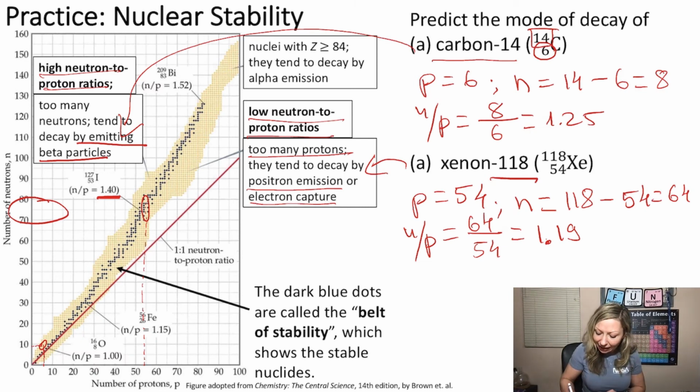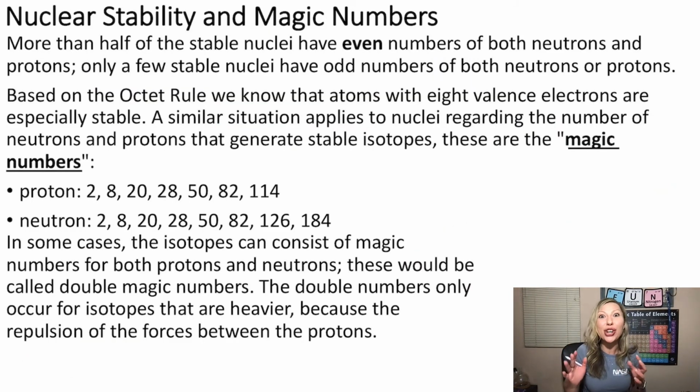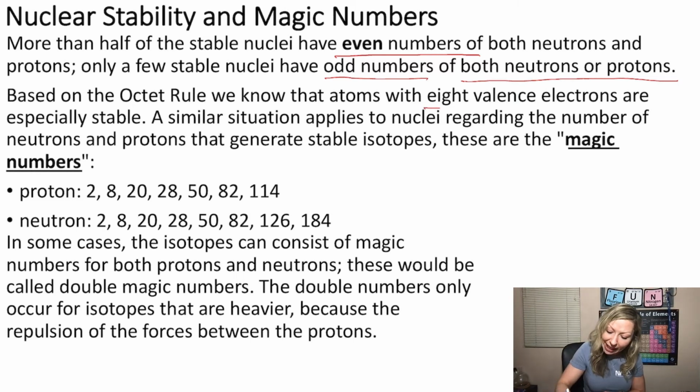Now, interestingly, we have so-called magic numbers in the case of nuclear stability. More than half of the stable nuclei have even numbers of both neutrons and protons, and only a few stable nuclei have odd numbers of both neutrons and protons. Based on the octet rule, we know that atoms with 8 valence electrons are especially stable.